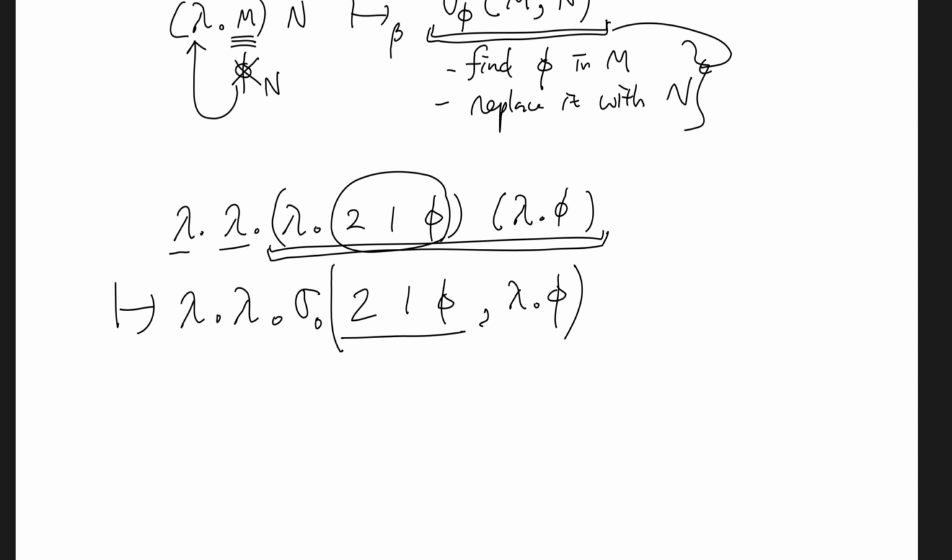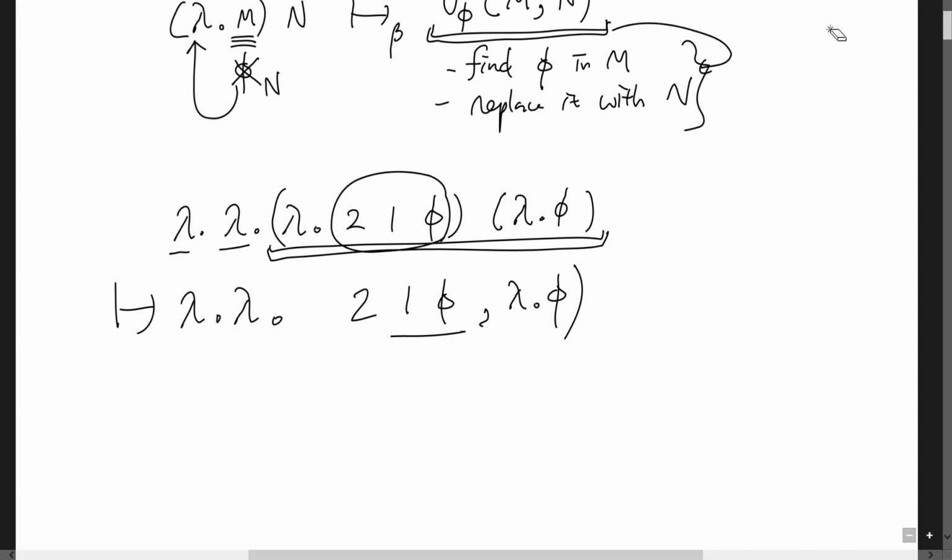Then what is the result? The result is we have found the de Bruijn index 0, and this becomes the argument. And now you have to adjust these two de Bruijn indexes because this lambda binder is now gone.